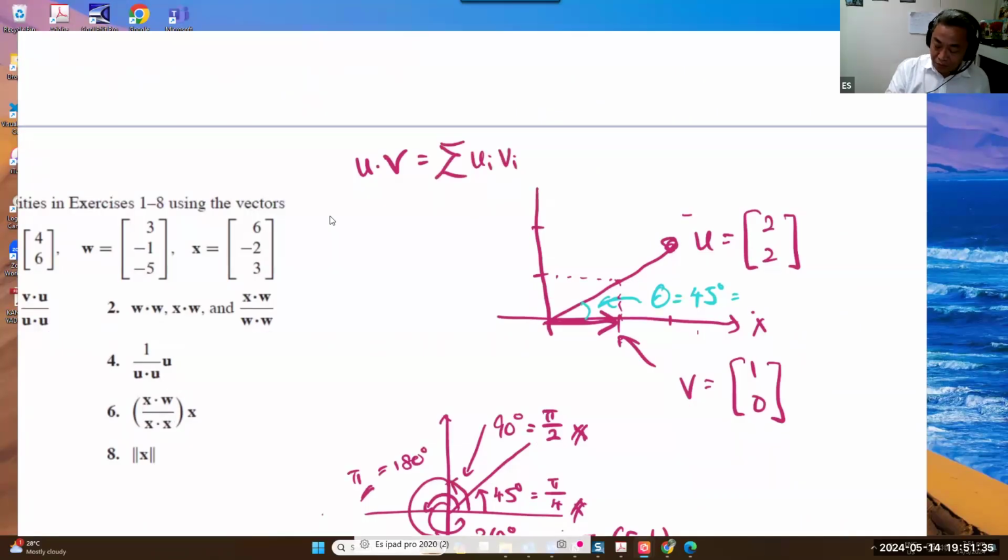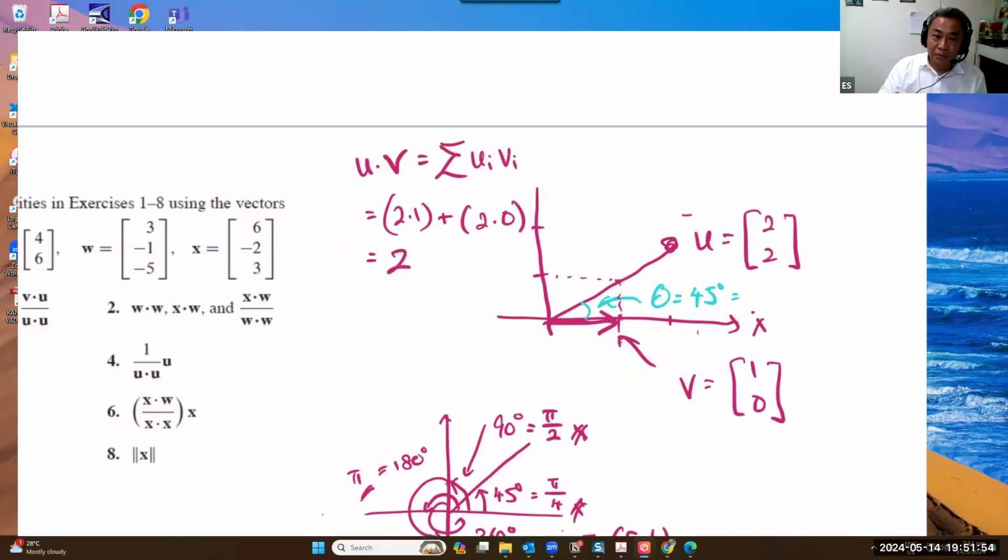So it's equal to 2 times 1 plus 2 times 0. It's the first element of U times the first element of V plus the second element of U times the second element of V. So the answer is 2. This is U dot V.